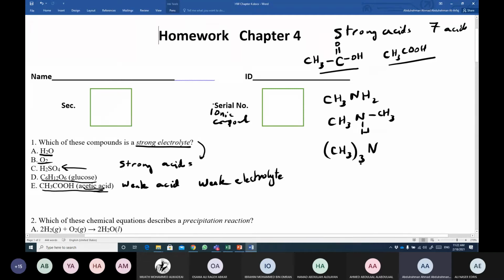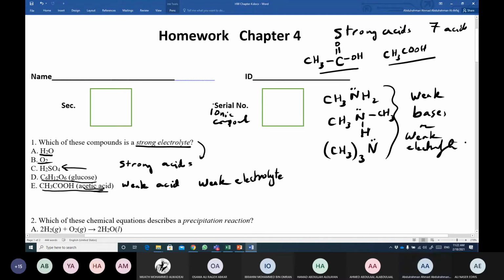All of these are weak bases. Why? They contain nitrogen, N. So these are all weak bases, and also weak electrolytes. Clear?